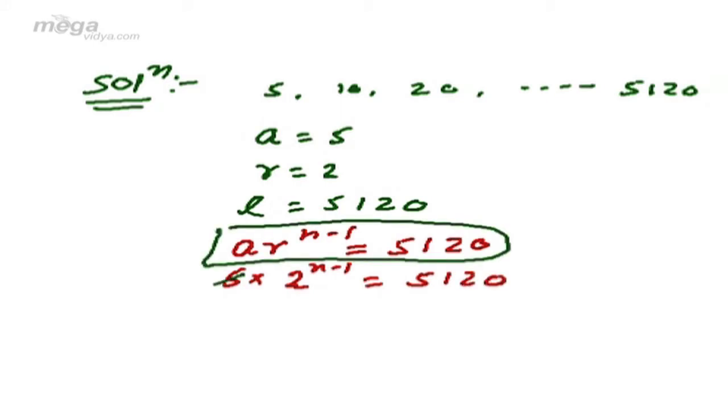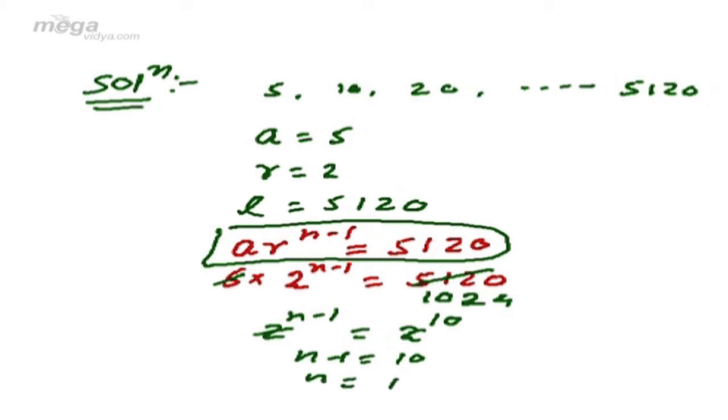Then the 5s cancel, and you get 1024, that is 2 to the power 10. So 2 to the power n minus 1 is equal to 2 to the power 10, the bases cancel, and you get n minus 1 equal to 10, so n is equal to 11. It means the 11th term of this sequence will be 5120. This is the first question related to the nth term of the GP.